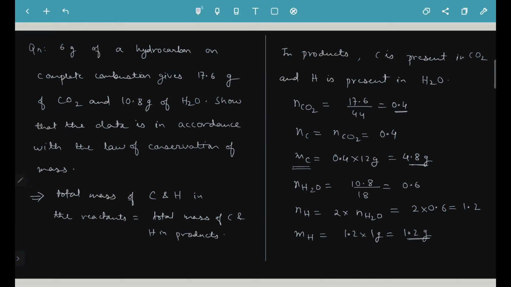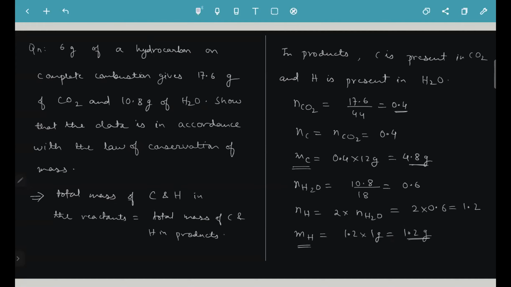So the mass of carbon in the product is 4.8 grams, and the mass of hydrogen in the product is 1.2 grams. We have calculated the mass of carbon and hydrogen in the products.